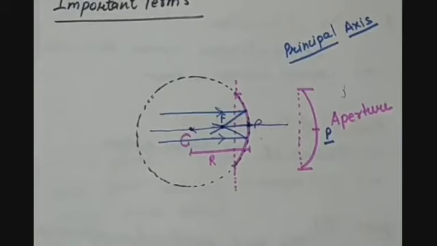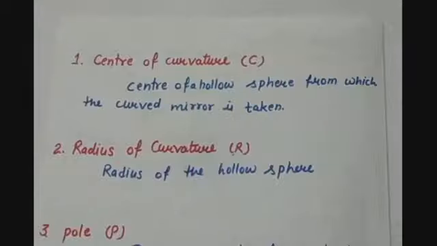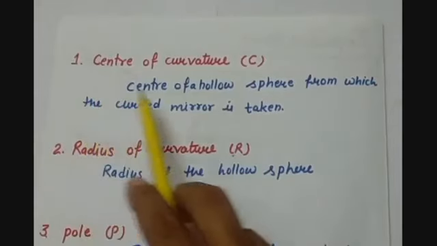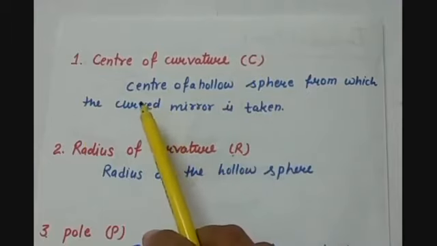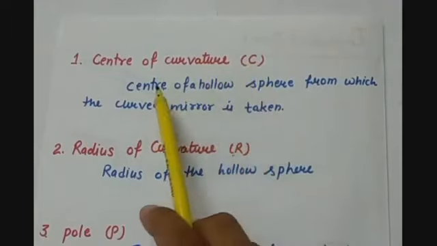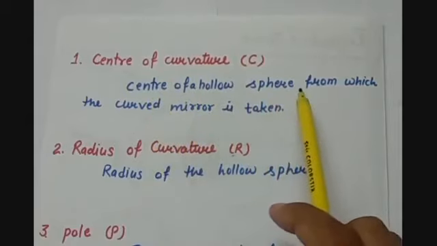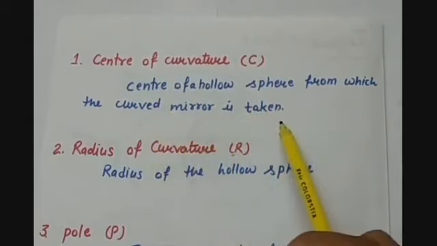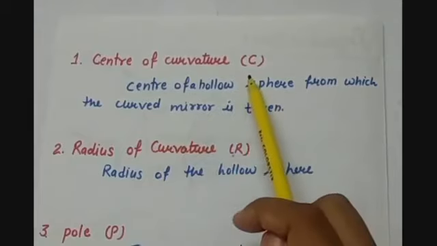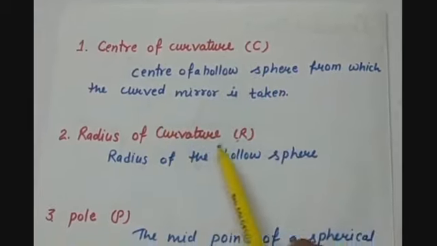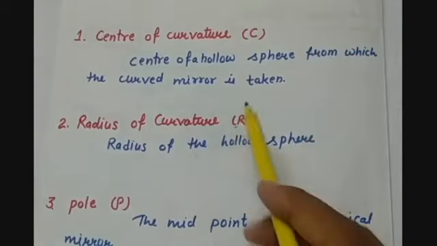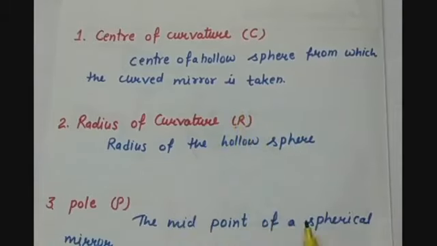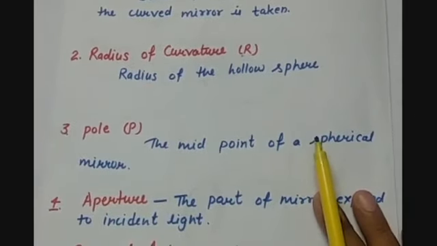Now let us discuss them in detail. So the very first part is center of curvature, that is C. Center of curvature is the center of the hollow sphere from which the curved mirror is taken, denoted by a capital letter C. Radius of curvature is the radius of the hollow sphere from which the curved mirror is taken, denoted by a capital letter R. Then we have pole.